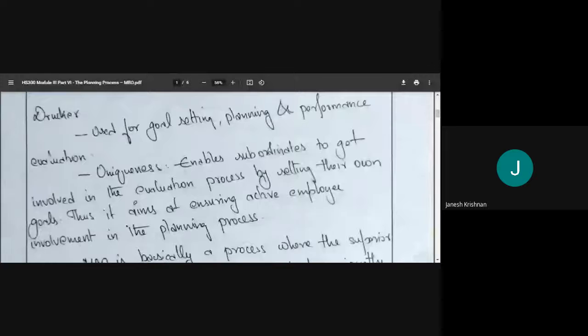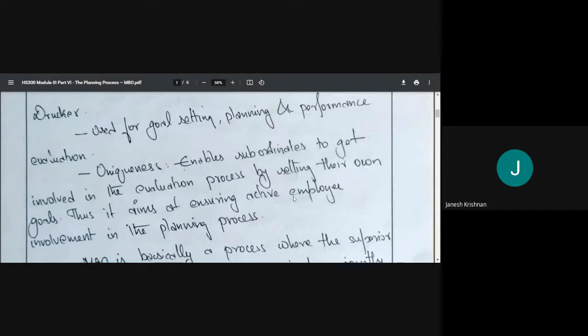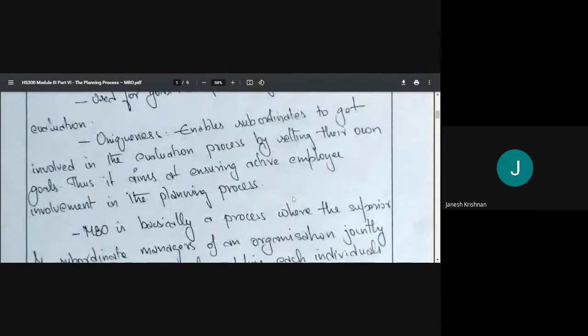The low level, the subordinate, will also have a chance to take part in the evaluation process. And how is it done? By setting their own goals. Thus, it aims at ensuring active employee involvement in the planning process. So the subordinates are saying, okay, I will do this work.